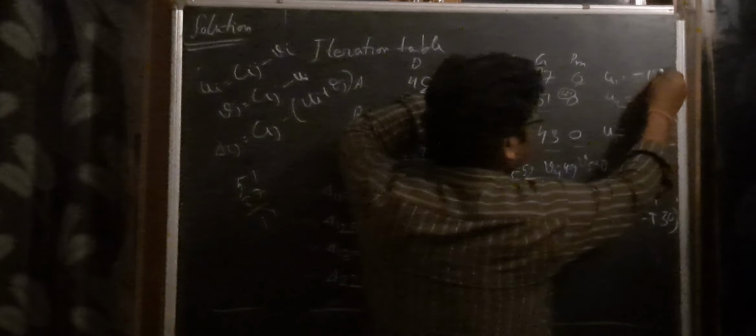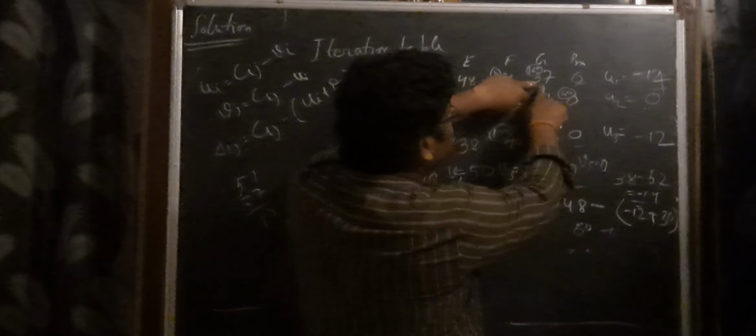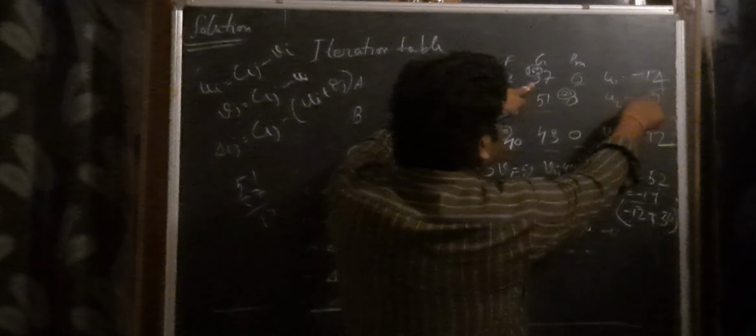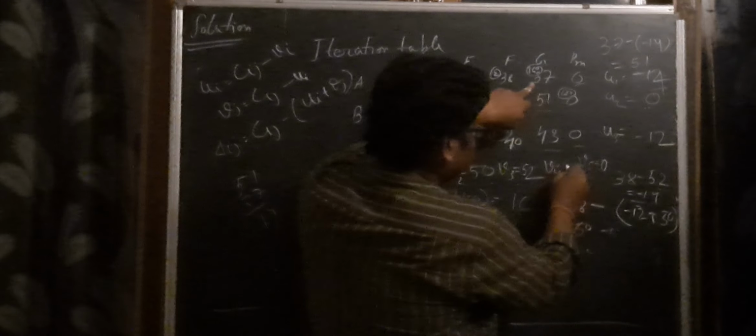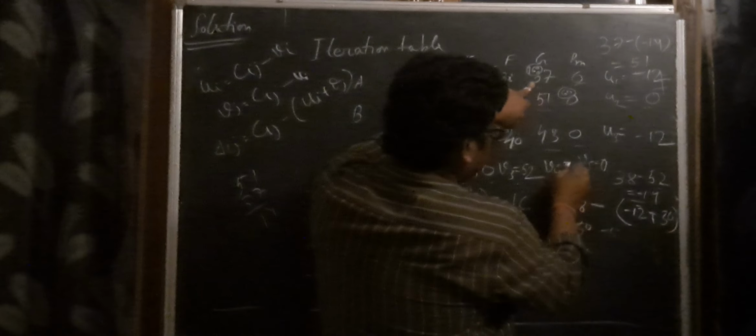So we have made a mistake. As it is minus 14, 37 minus minus 14, that is 51. So here it also changes to 51.